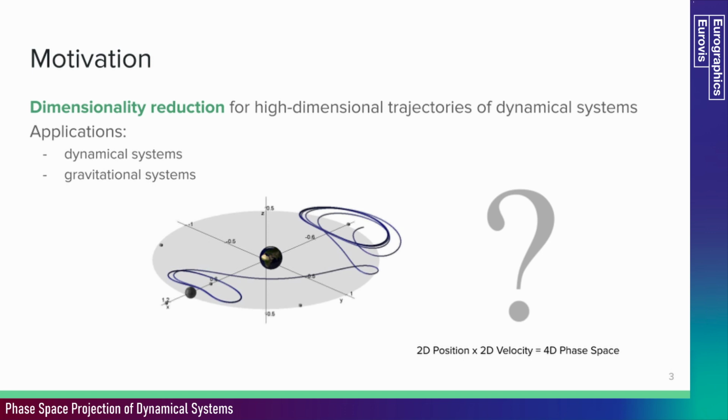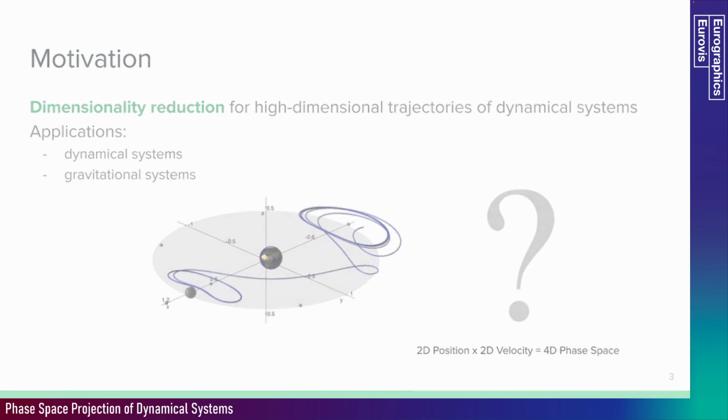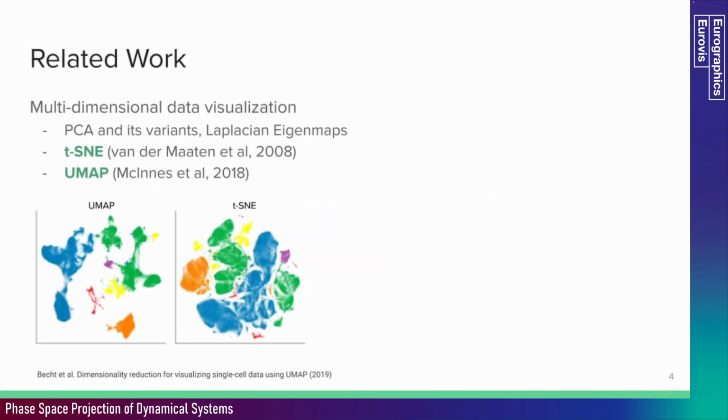To answer this question, we developed a dimensionality reduction technique aimed at trajectories in the phase space of dynamical systems. Before proceeding onto the method description, it is worth exploring some of the related work on the topic of multidimensional data visualization. There has been a plethora of dimensionality reduction techniques developed throughout the decades with different strengths and limitations. We would particularly like to mention t-SNE and UMAP, which have seen widespread use in different types of datasets since their invention.